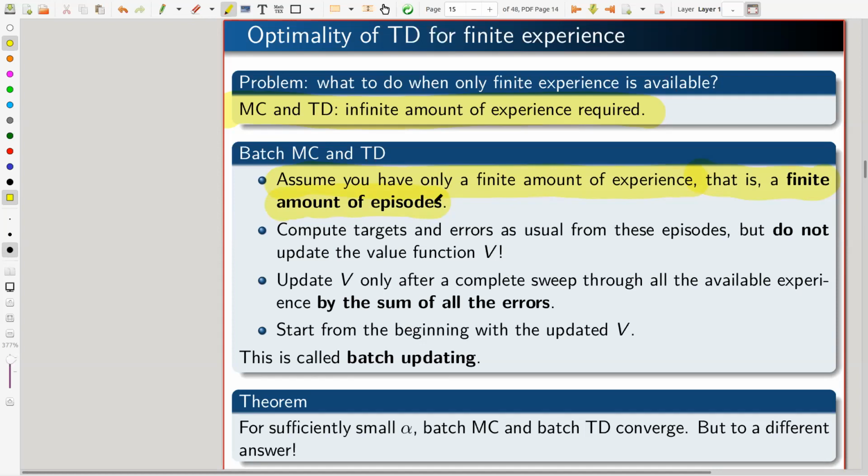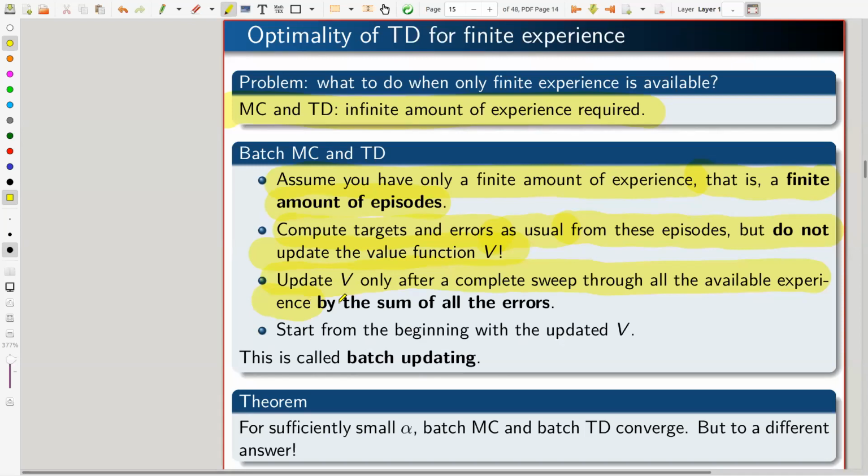Well, in this case, it's very natural to compute targets and errors as usual, but do not update the value function at every episode, at every step. Just go through all the available experience. I don't want to call them episodes because I'm talking about experience: that means episodes for Monte Carlo and steps for temporal difference.